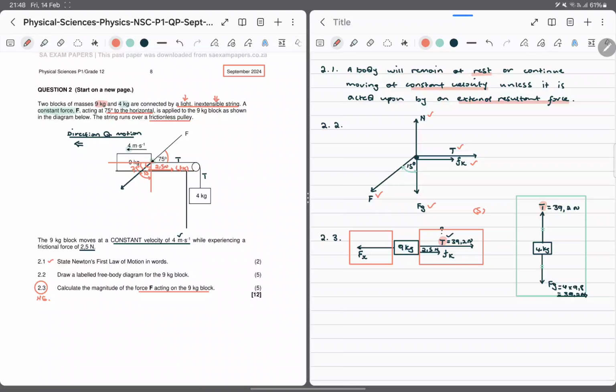Easy, ne? But now we need to think about the direction in which this is. That's very easy, guys, because I mean, it's at 75 degrees to the horizontal, this thing. So we're gonna deal with it nicely.